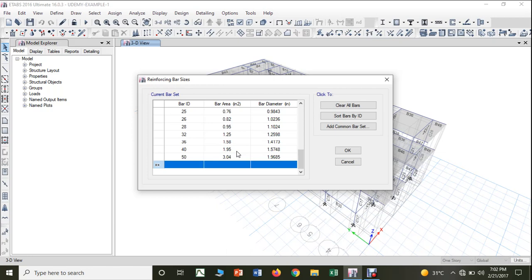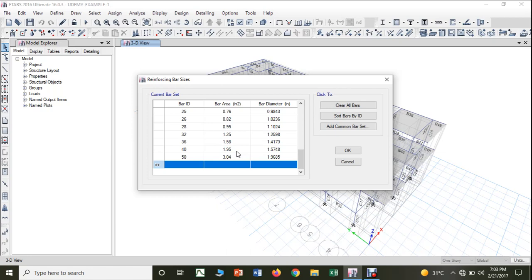For example, when I give the software a particular column with a particular dimension, based on the load and the moment coming on that column, the software will design the column. It starts from the lowest diameter that it can take as per IS code.